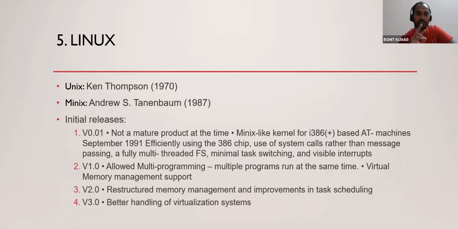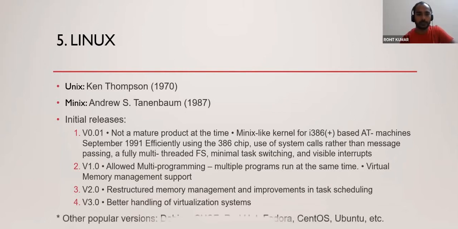As we discussed many times in previous lectures, whenever we switch a task, we need to do a context switch and all those things. There were also some visible interrupts that were easily recognizable. Then the concept of multi-programming came into the picture with version 1.0, reduced memory management and improvements in version 2.0, and finally better handling of virtualization system support came in version 3.2.